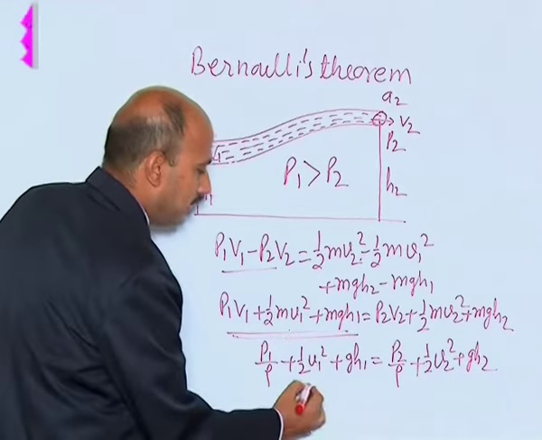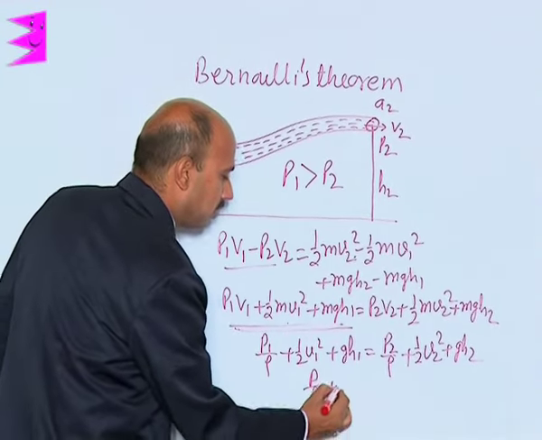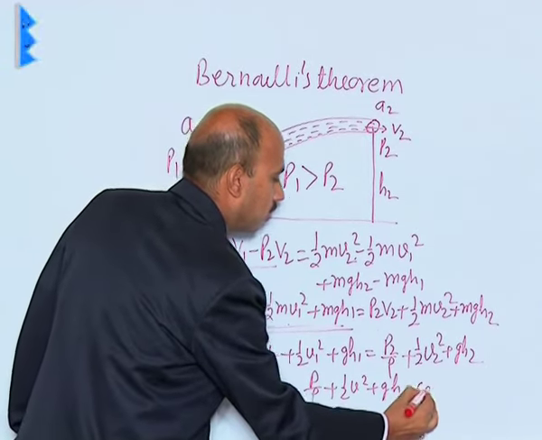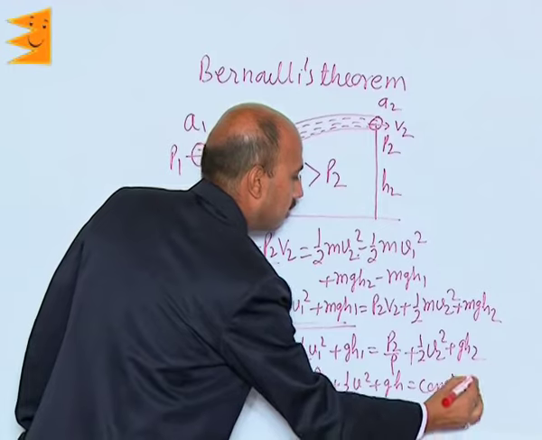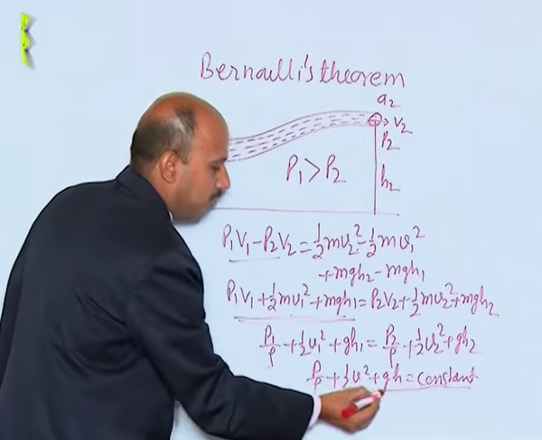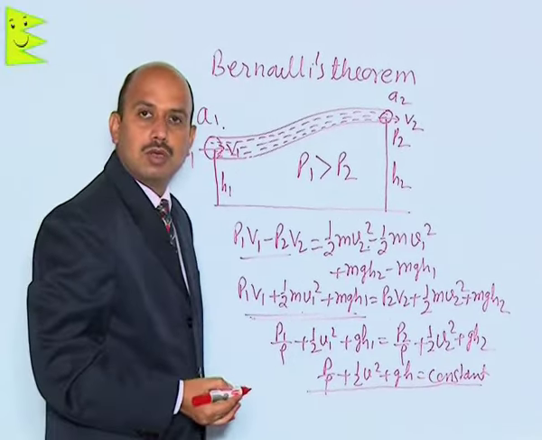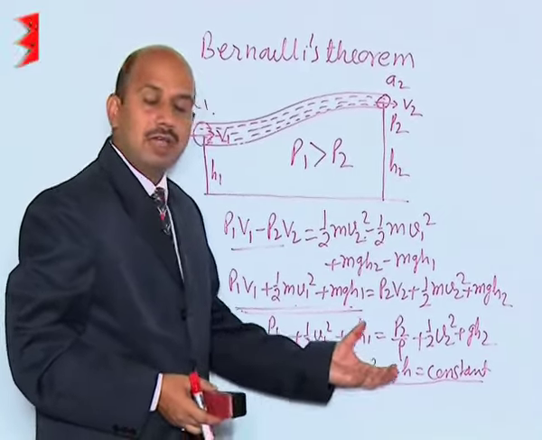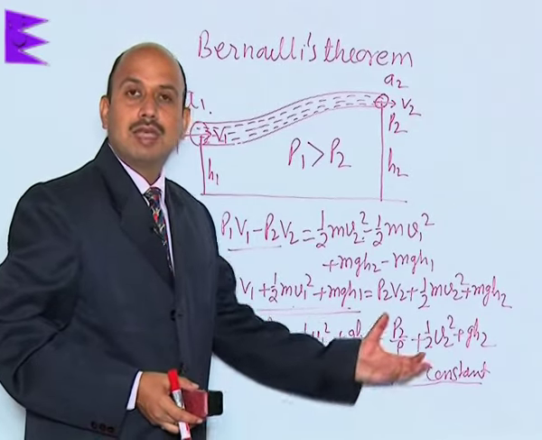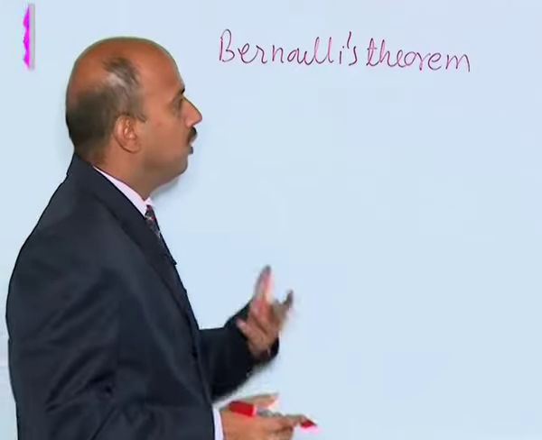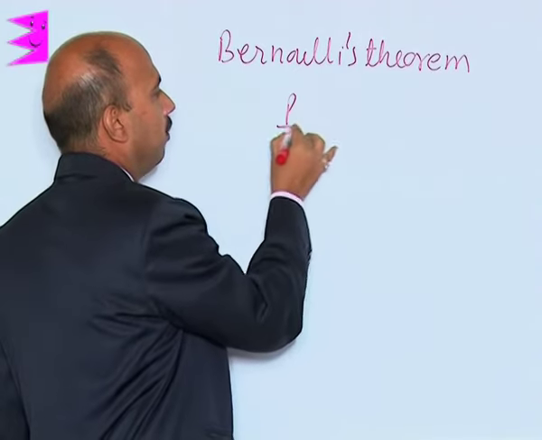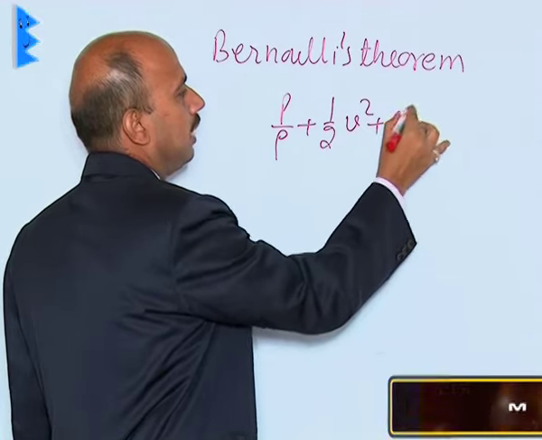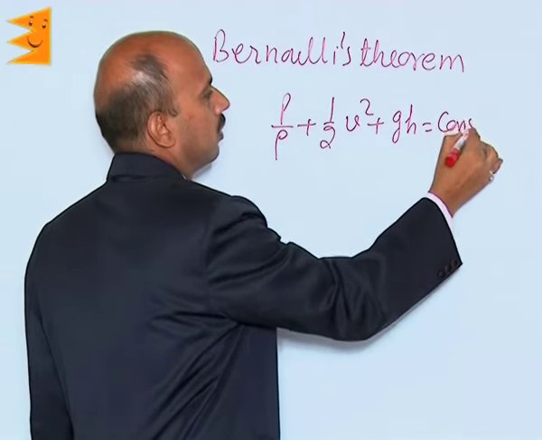That can be written as P upon rho plus half V square plus g h is equal to constant. So this is the statement of Bernoulli's theorem. So the total pressure energy, kinetic energy and potential energy per unit mass remains constant.